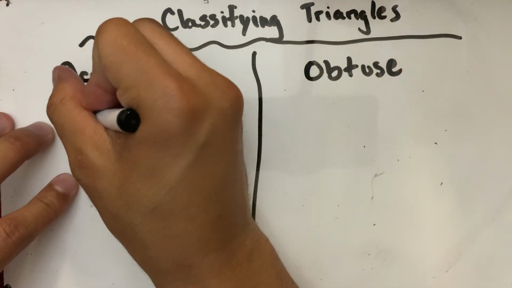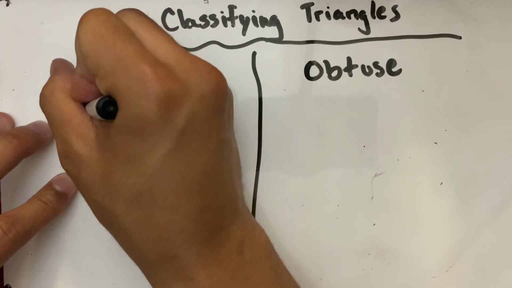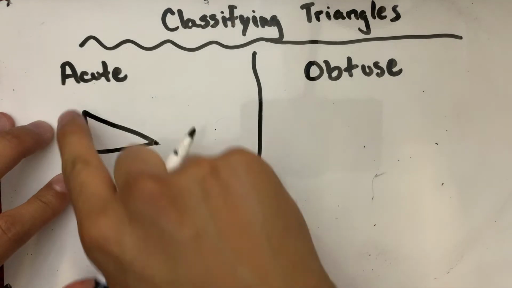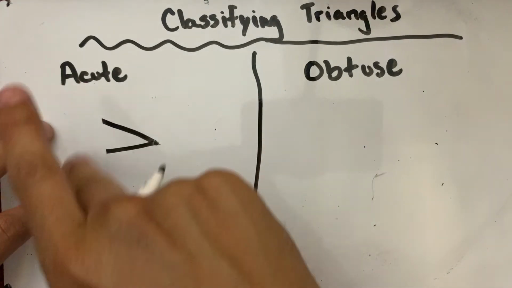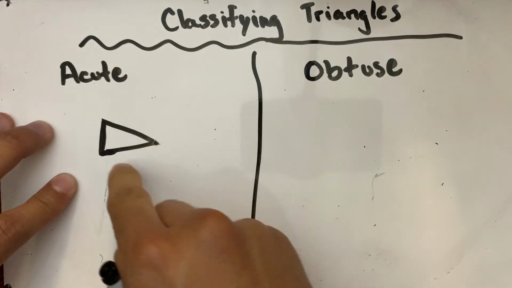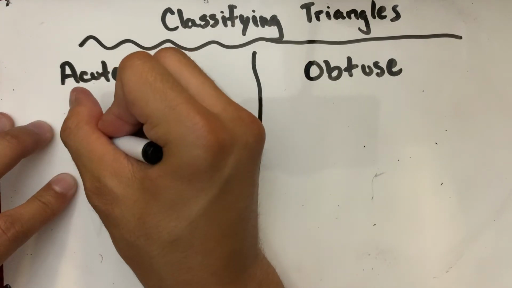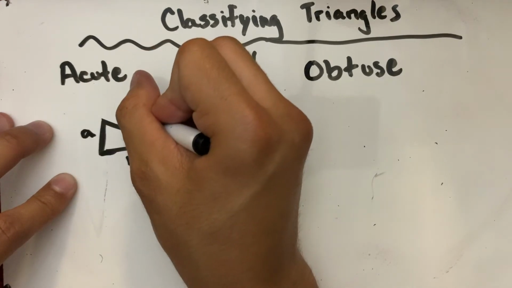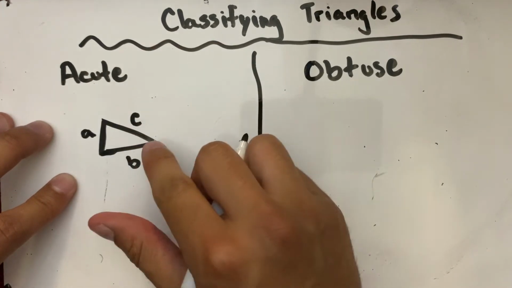Now if you had a triangle where, maybe this angle or this line right here was just a little bit inwards like that, so it wasn't quite right. So it's going to be A, B, and this would be the C value, because again, C is still the biggest.